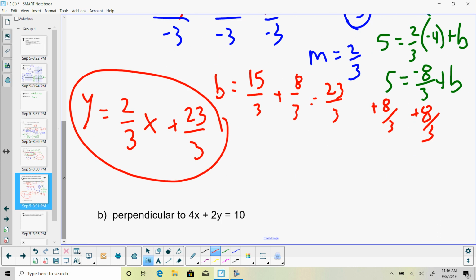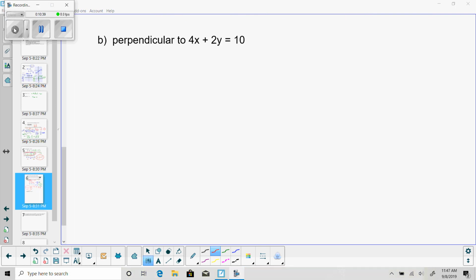All right, let's take a look at this next example. So for this one, we are going to want to find the line that is perpendicular to this line. But again, it's still got to go through that same ordered pair.